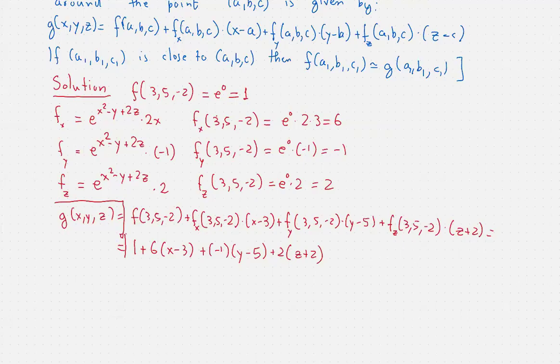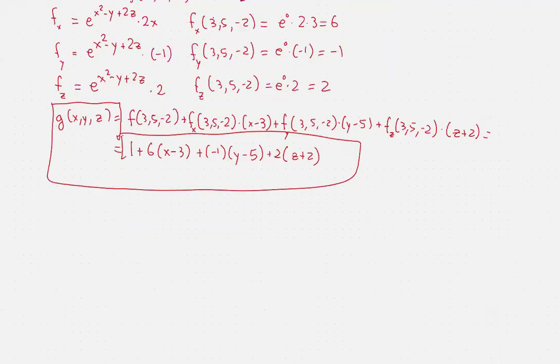Okay, and we have one more step in our problem. We would like to estimate f of (2.9, 4.9, -1.9), and this is approximately equal to g evaluated at the same numbers. And let's try to be careful with this simple computation. It's when the computation is simple that one makes mistakes.